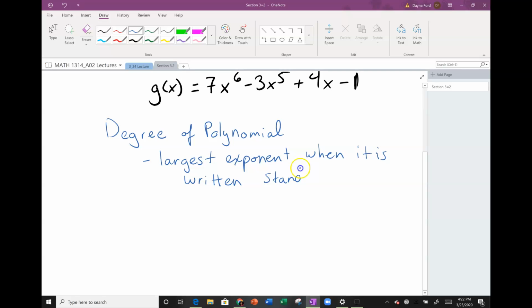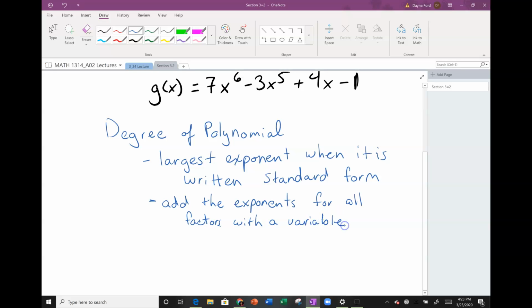And remember, standard form is everything multiplied out. We are looking at that largest exponent. The other way to look at the degree of a polynomial is we are going to add the exponents for all factors with a variable.